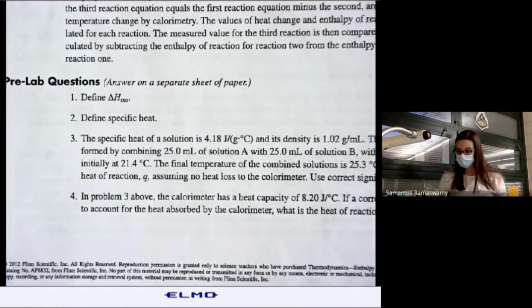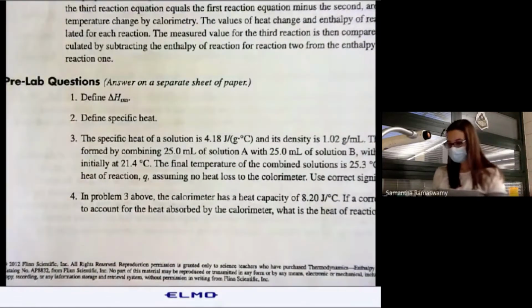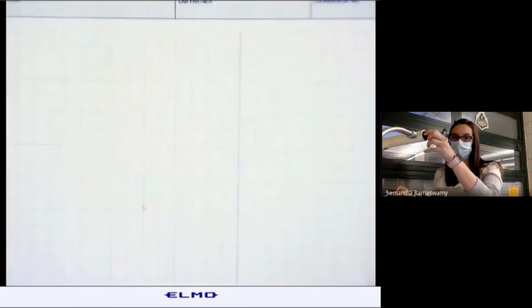So we're going to start with pre-lab questions. And so what I'll do is I will answer pre-lab questions in our lab notebook. I didn't do purpose and procedure in here, but hopefully you have your purpose and your procedure already done. Purpose of the lab you can find in the experiment overview. So in the lab handout itself, there's always lots of really good information in the background.